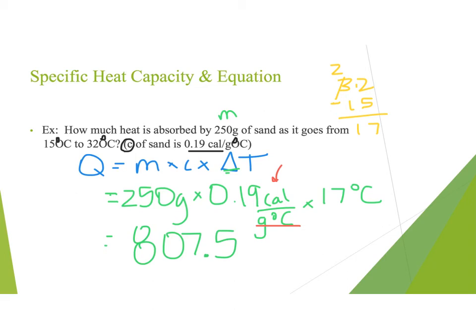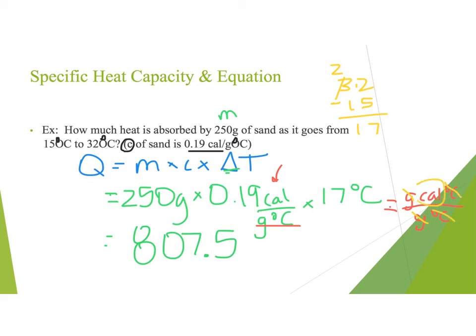Let me show you. If we did the math with just multiplying the units together, we'd have grams, calories, degrees Celsius on top, and grams, degrees Celsius on the bottom. If you do your canceling skills, grams is on the top and on the bottom, and so is calories, so those cancel too.